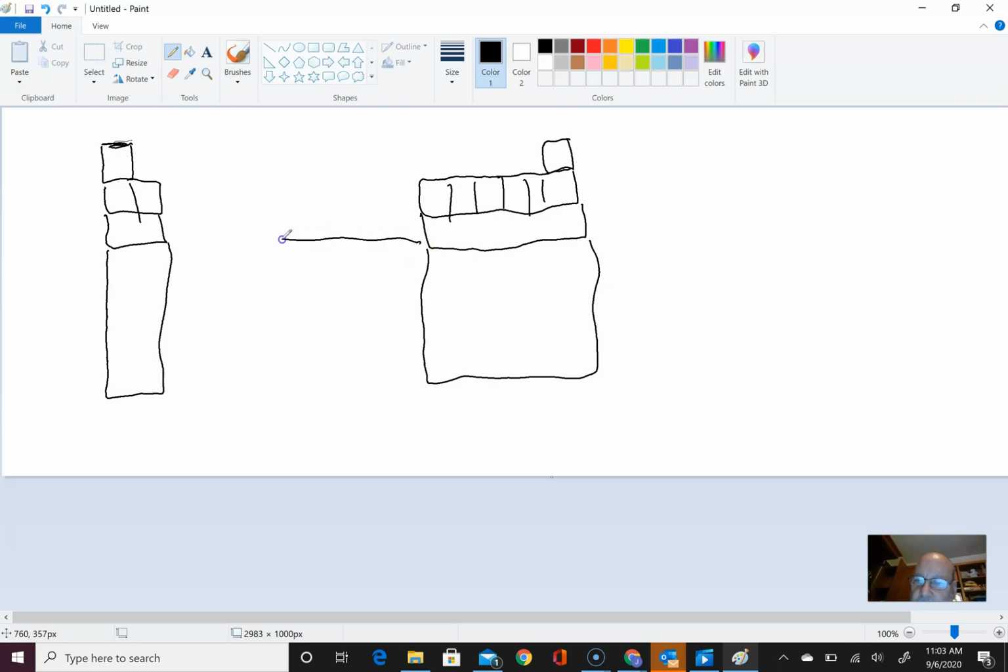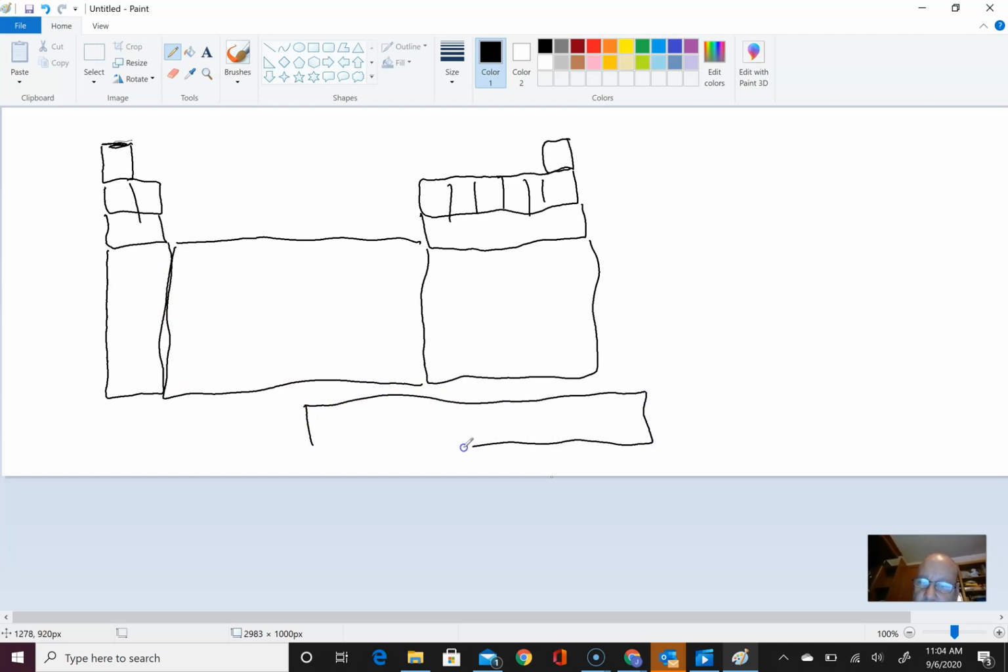And then in the middle here, I've got 10 columns. And then at the bottom, I've got 14 columns. So on the left-hand side, I've got 2 columns. On the right-hand side, I've got 6 columns. In the middle here, I've got 10 columns, and then at the bottom, I've got 14 columns.